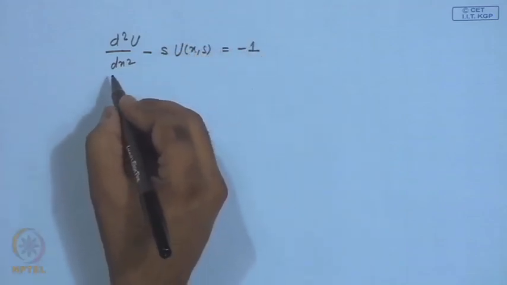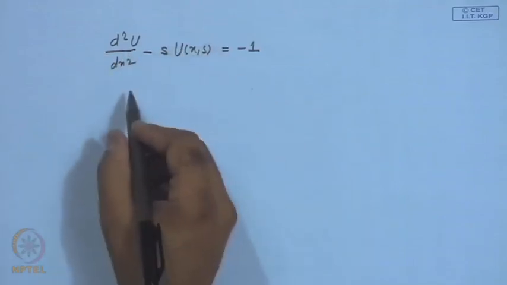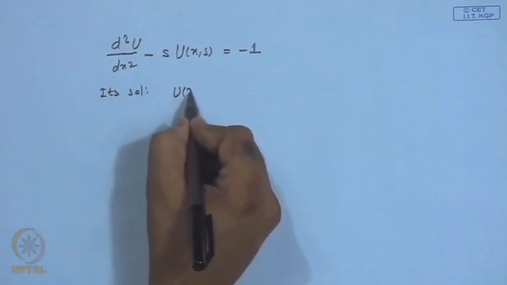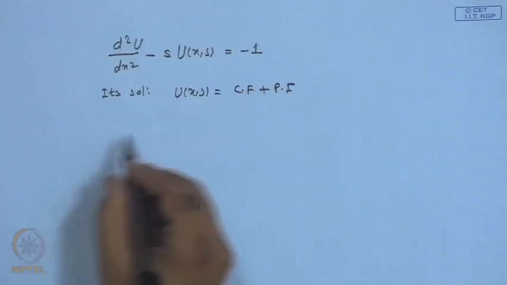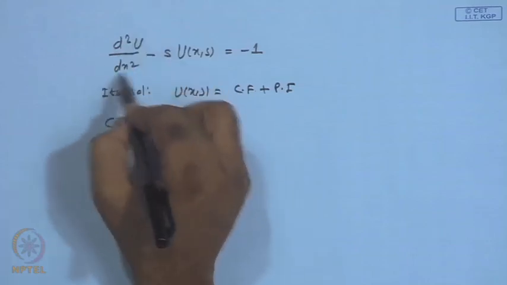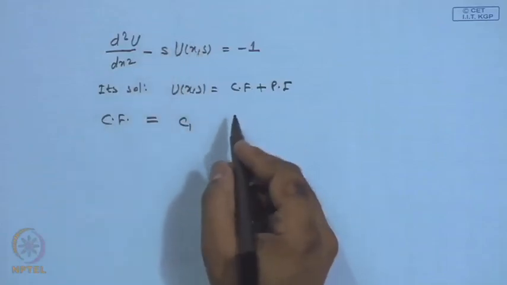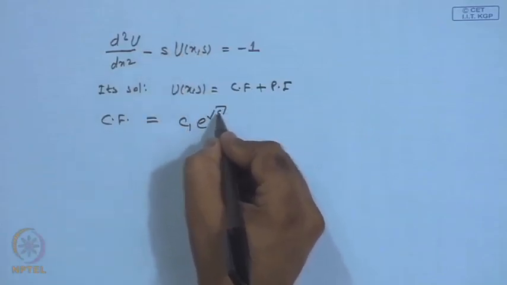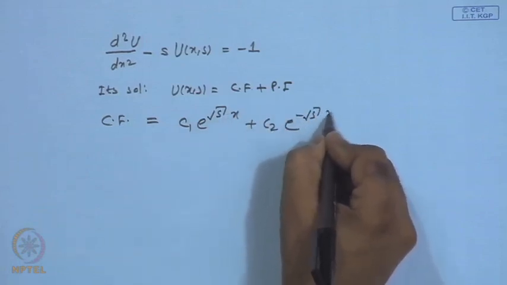This we can solve. This is a second order differential equation with constant coefficients. So, its solution will be u(x, s), the complementary function plus the particular integral, and the complementary function will be, because the characteristic equation will be m square minus s, so the roots will be plus or minus square root s, c1 e to the power square root s x plus c2 e to the power minus square root s x.